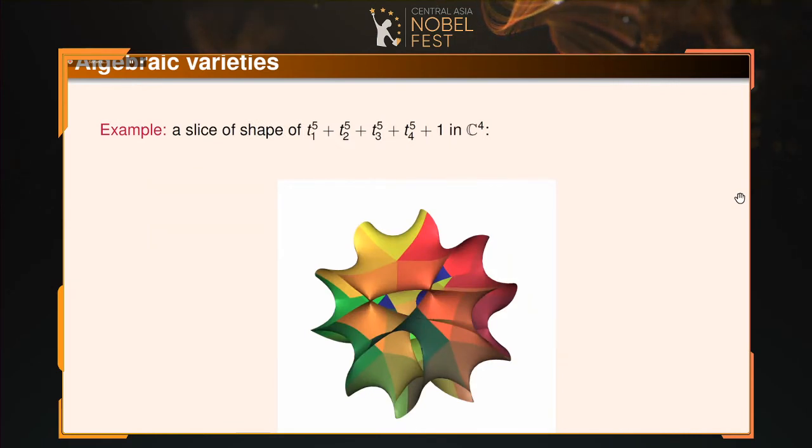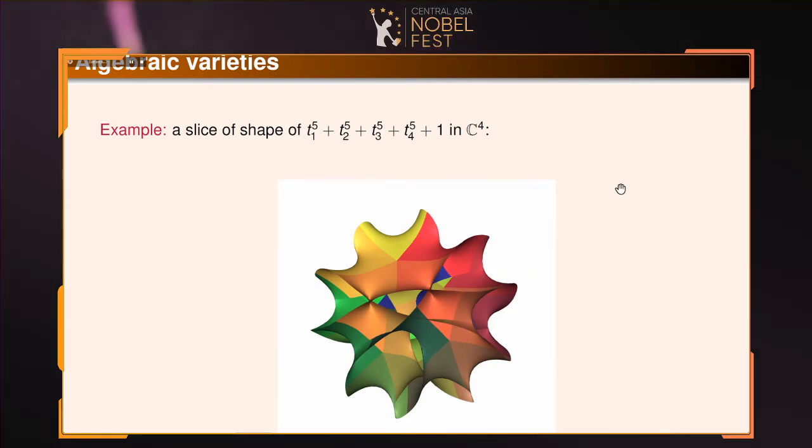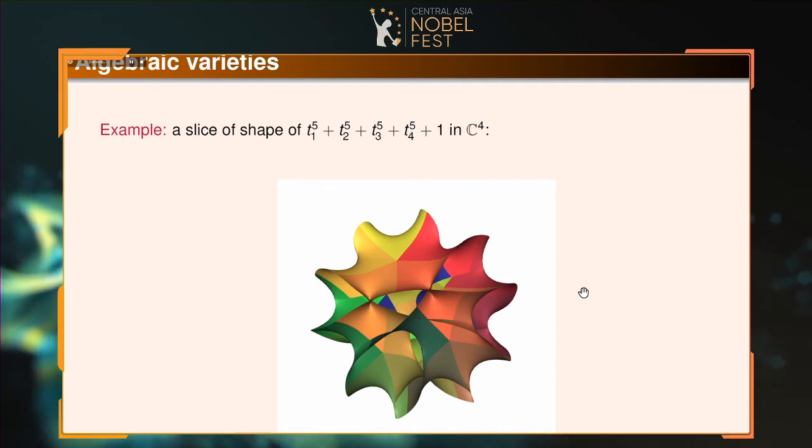Now, if we make things a little bit more complicated, look at this equation of degree 5. Now we have 4 variables, not 1 or 2, but 4 variables. The degree is 5. The equation itself looks kind of simple, not very complicated, but then what we get, at least when we compactify, is something which is 3-dimensional over the complex numbers, but it actually is 6-dimensional over the real numbers.